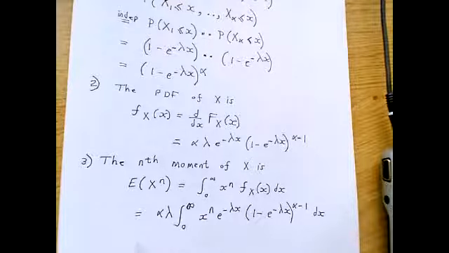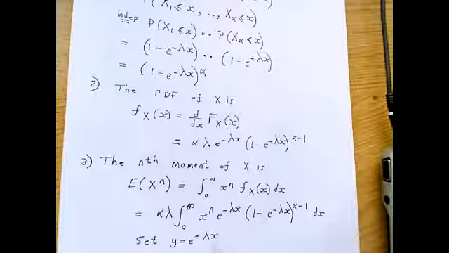All right, so what I'm going to do is make a substitution. I'm going to set y equal to e to the minus lambda x, right?